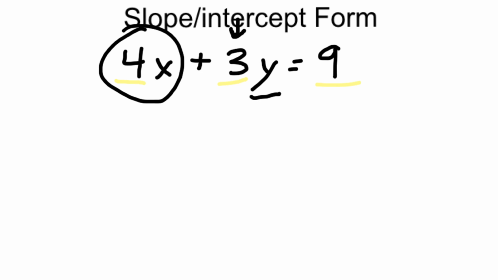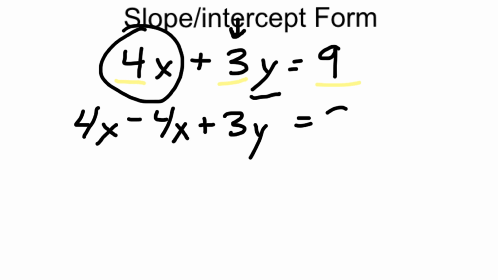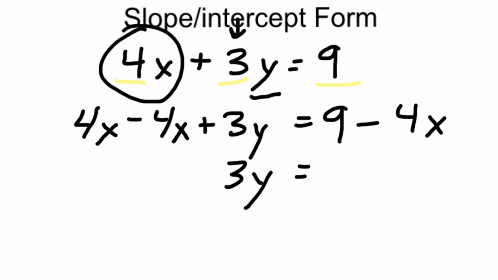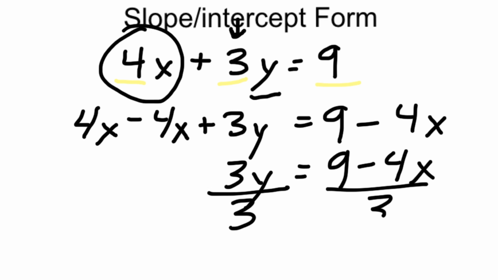So we go 4x minus 4x plus 3y equals 9 minus 4x. So 4x minus 4x is 0, so we just have 3y equals 9 minus 4x. Now we've got to get rid of the 3, so we just divide by 3. 3 into 3 is 1, so we end up with y, that's good.